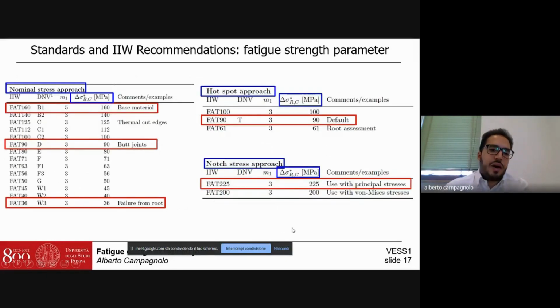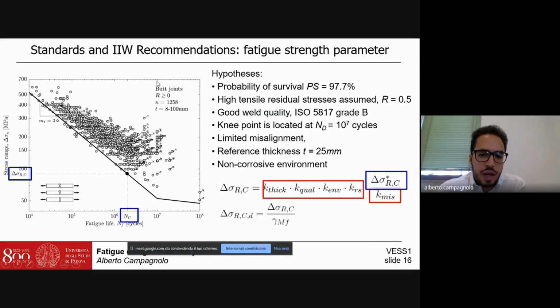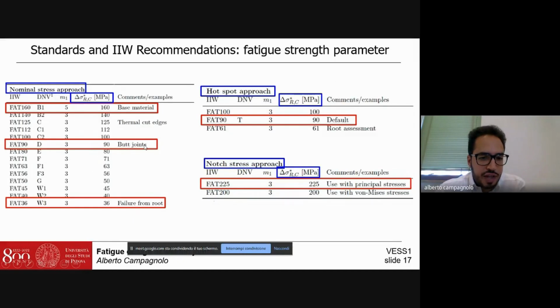Typically, standards and recommendations propose a list of fatigue strength categories, which depends on the global geometry of the joints. So that when dealing with butt joints, we can use a fatigue category which is FAT 90, which means that the category is typically equal to 90 megapascal, the slope is equal to 3, and so on for different welded geometry.